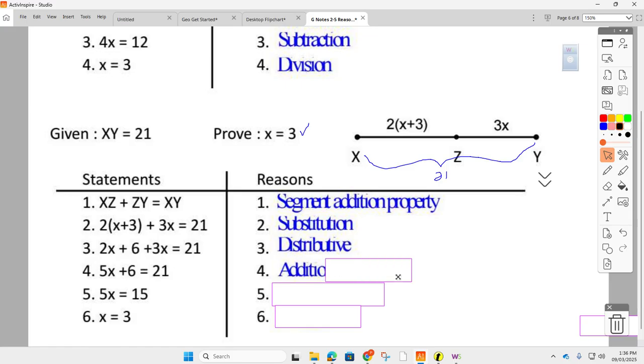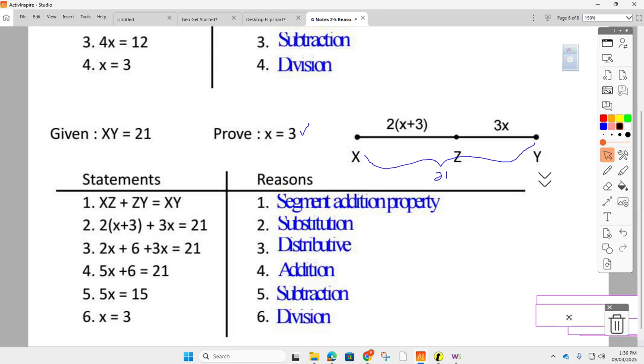And now these are ones we've seen before. To get here, we had to subtract 6 from both sides. To get here, we divided both sides by 5. Let me know if I need to go back to someone after you finish this. The 2-column proof.